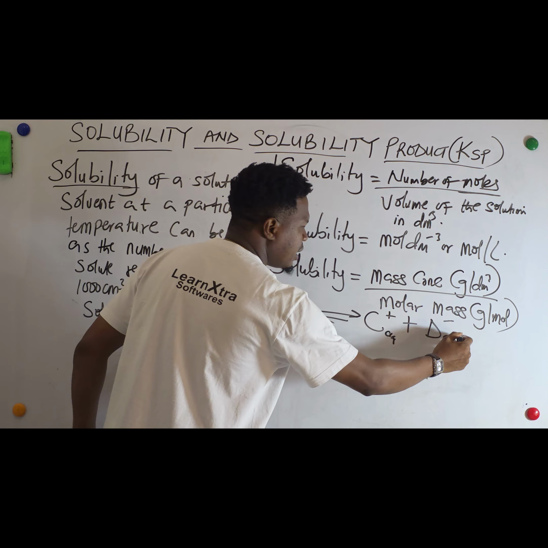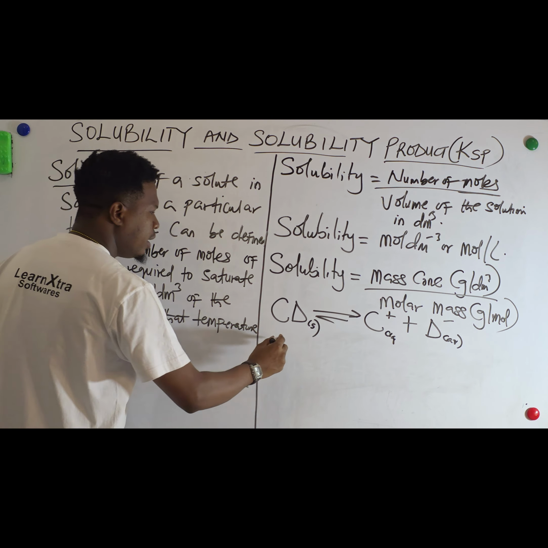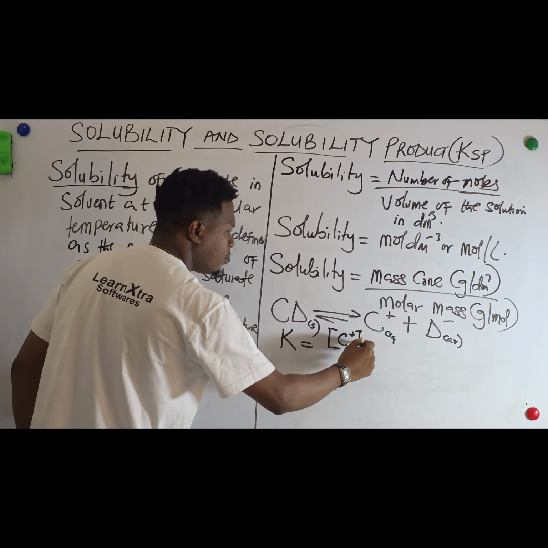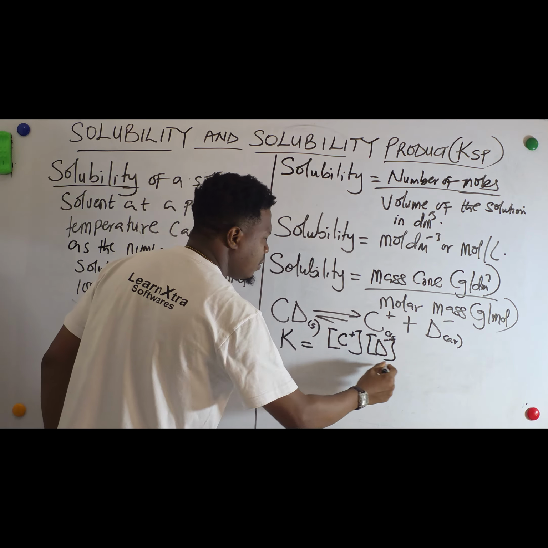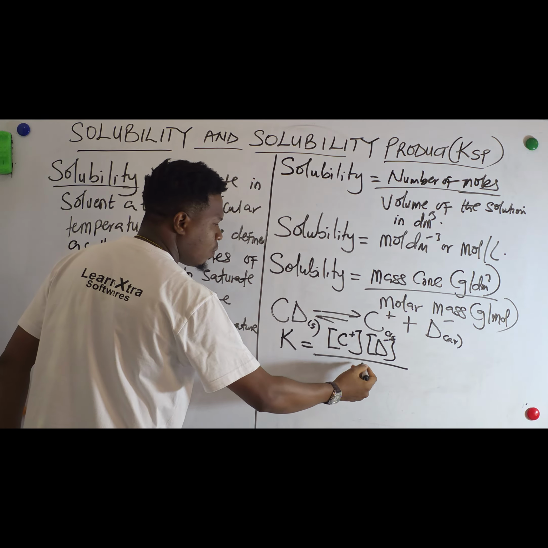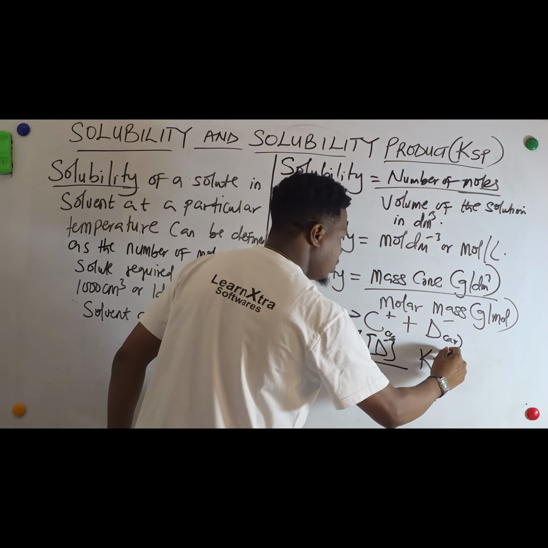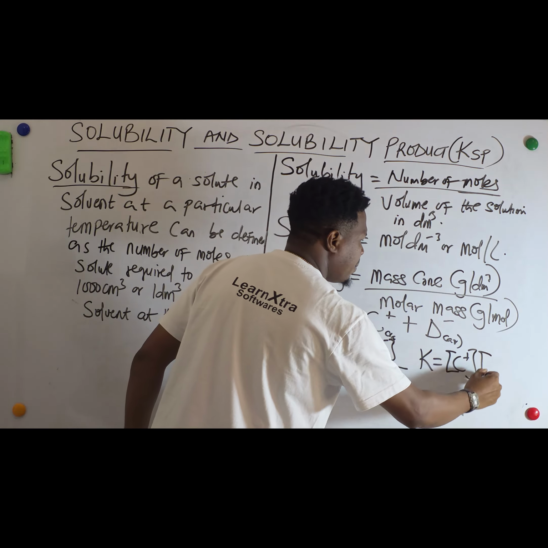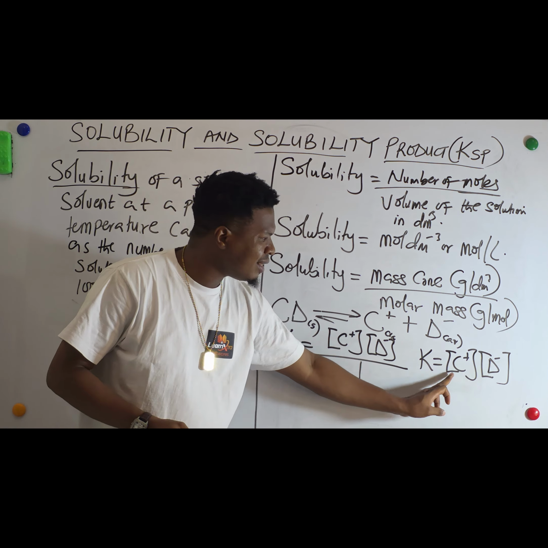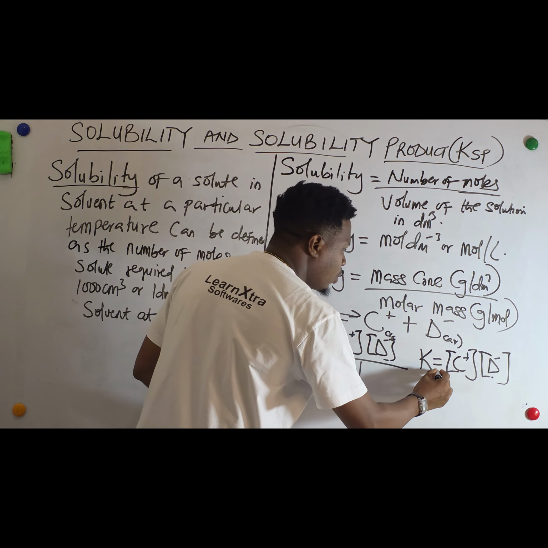So we can write the equilibrium constant of this expression: the concentration of C multiplied by that of D, divided by the solid. The concentration of the solid is taken as 1, so K is equal to C plus multiplied by D minus.